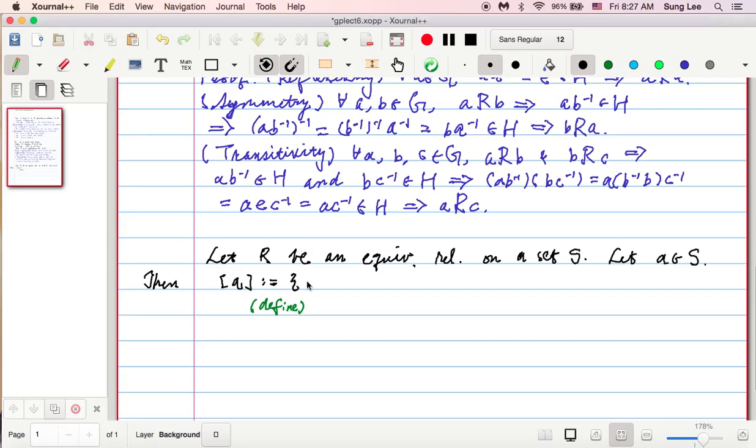This is a set of all elements in G such that B is related to A. So the collection of all elements that are related to A is denoted by this notation.